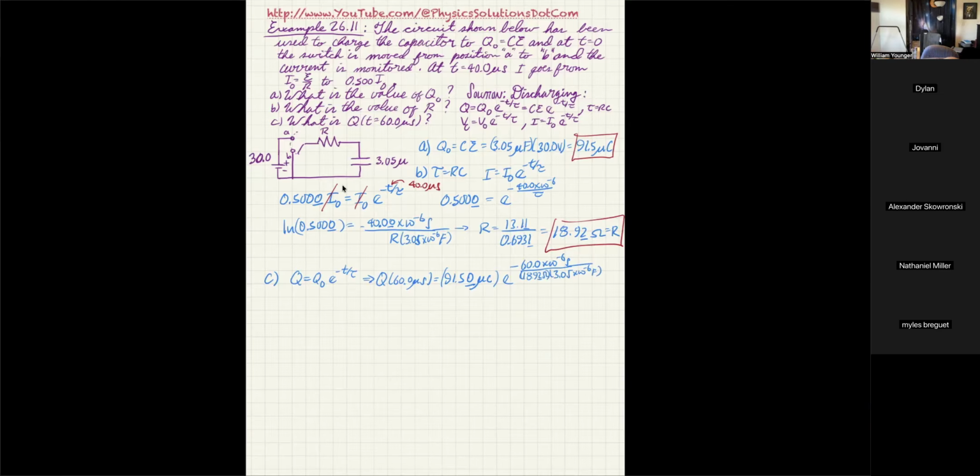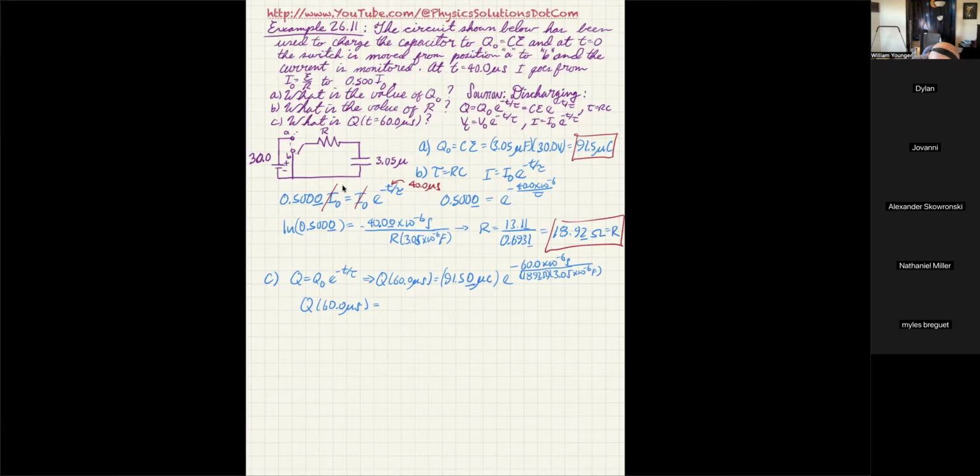And that should give us Q at 60 microseconds is equal to 91.5 times e raised to the negative 60 times 10 to the negative 6. Actually, I'm going to cancel out that 10 to the negative 6 because I have it in the top and the bottom.